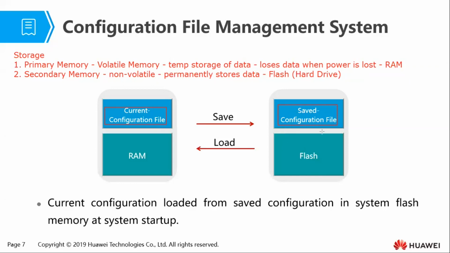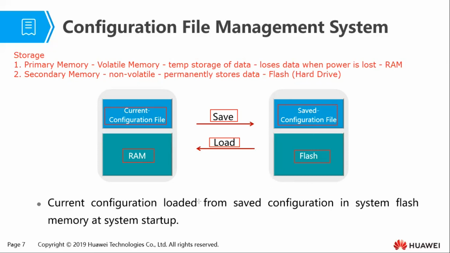That file will usually be stored in the flash memory, and when you start your device, it's going to be loaded into the RAM of your device, random access memory. Now, when you alter or change some of the parameters in your configuration file, you can use the save command to save it. When you save it, it will be permanently stored in the flash memory.